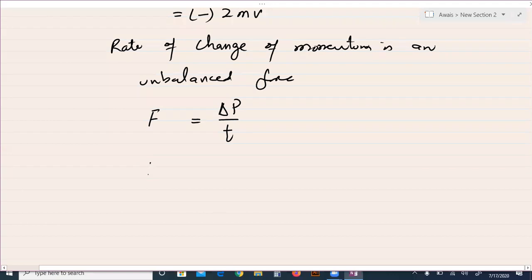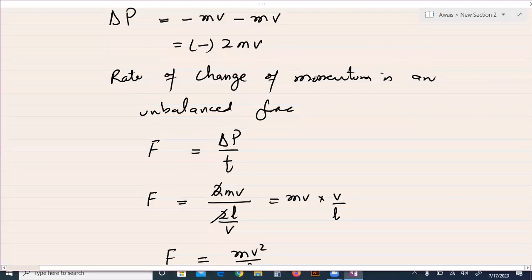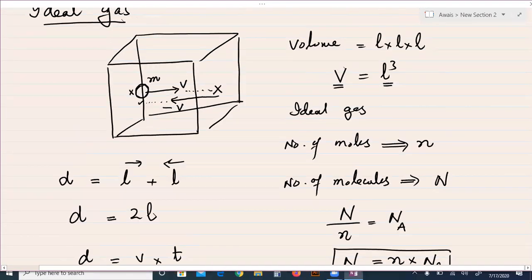So the force exerted by one molecule during one collision is 2mv divided by time, 2L over v. So the 2 cancels, it becomes mv times v over L. So the force for one collision is mv square over L. This is the force exerted by one molecule during one collision.